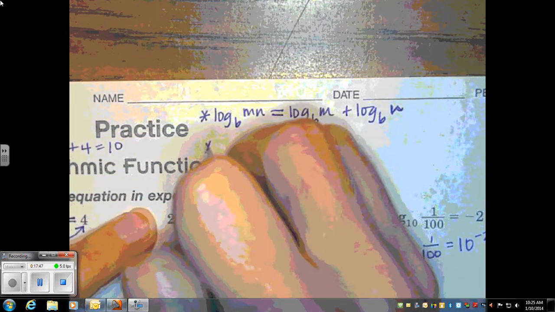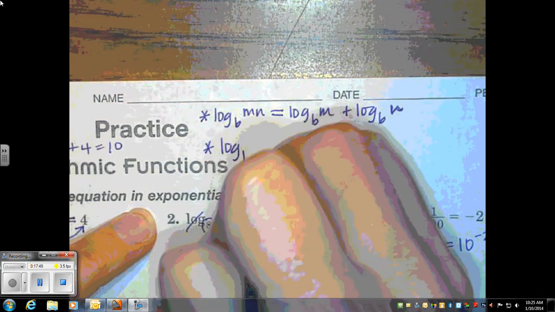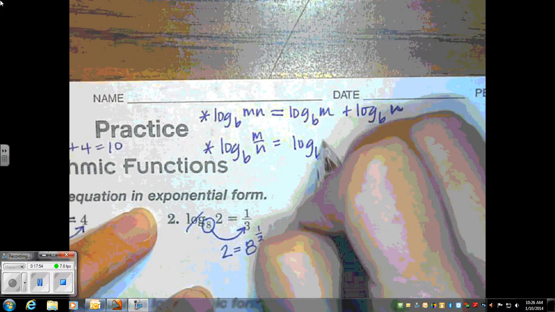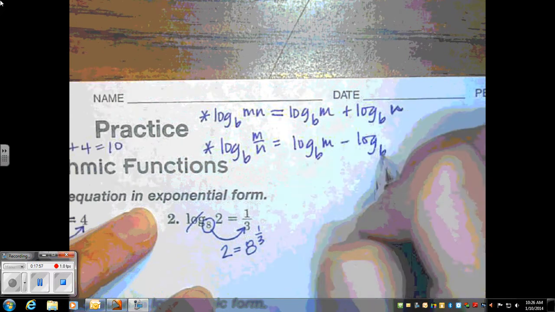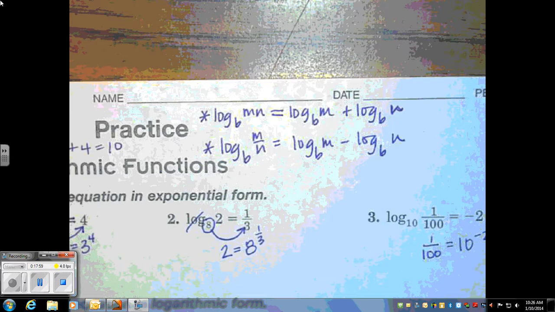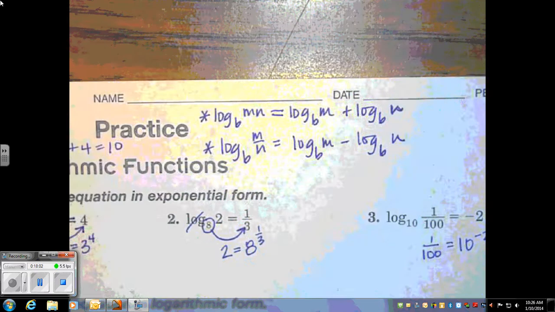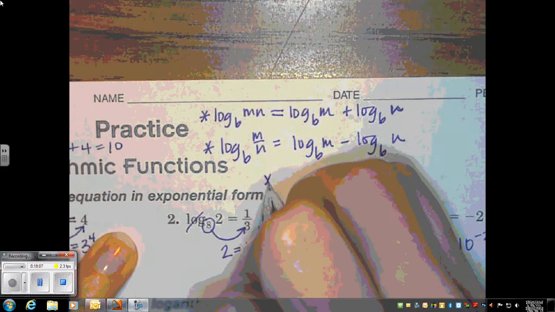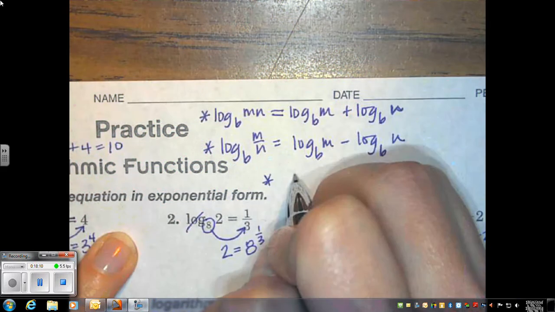That makes sense. So if I have log base b of m divided by n, I could have log base b of m minus log base b of n. They mean the same thing. You can exchange one for the other. It's the exact same thing. Also, you may have forgotten this.